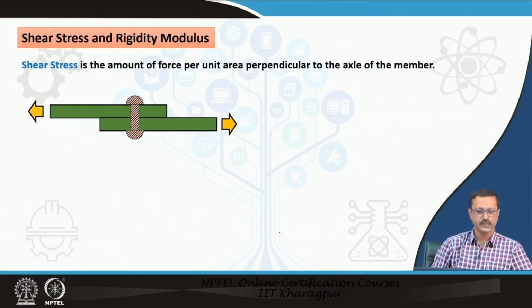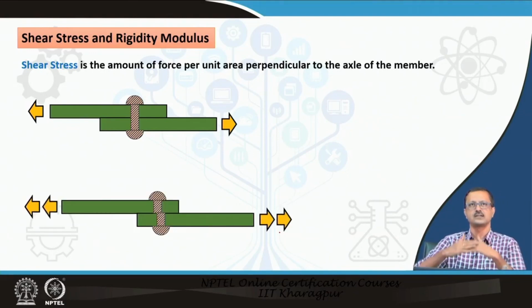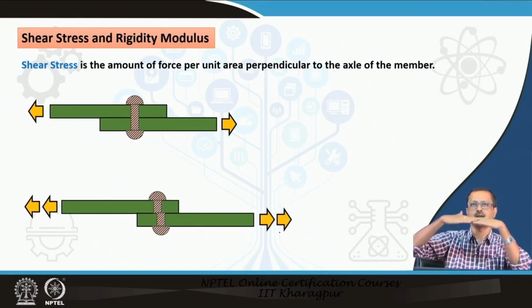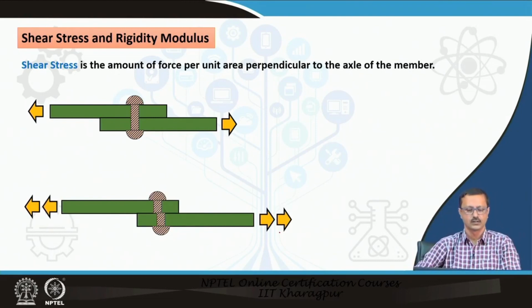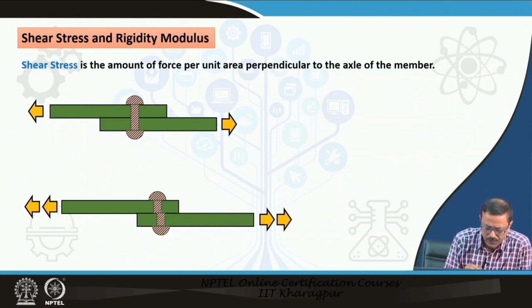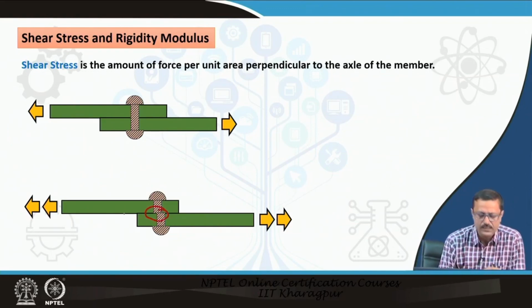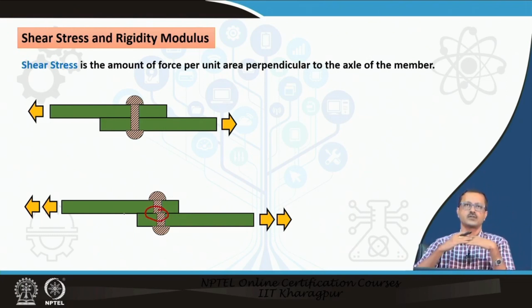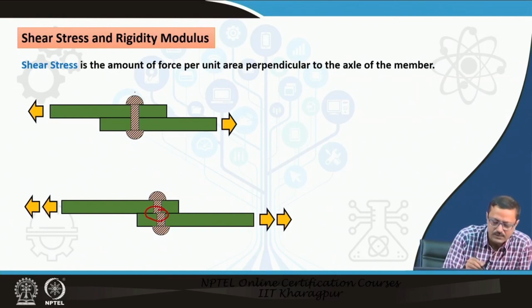If you pull with a heavy load, this rivet or nail may break, and these two plates will slice apart. So, in that portion where the nail or rivet breaks, you see a slicing occurs between the two parts of the body, which was initially an integral part.